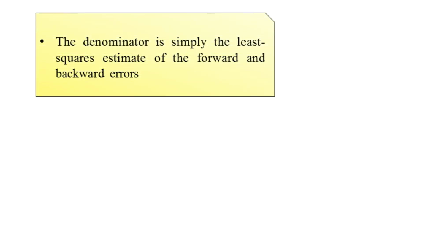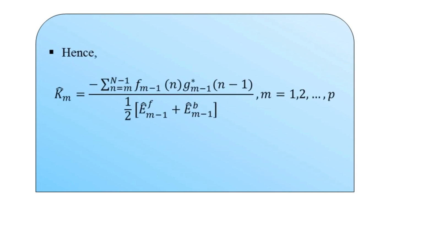Now this can be further expressed as K cap suffix m equal to, in the numerator, minus the summation n equal to m to capital N minus 1 of the product of f suffix m minus 1 of n multiplied by the conjugate of g suffix m minus 1 of n minus 1, and the denominator is 1 by 2 in the square bracket.